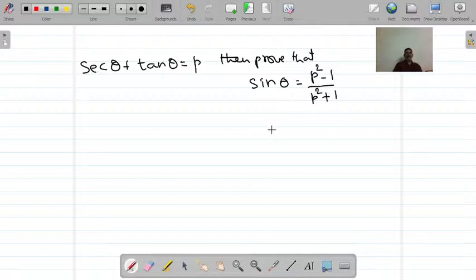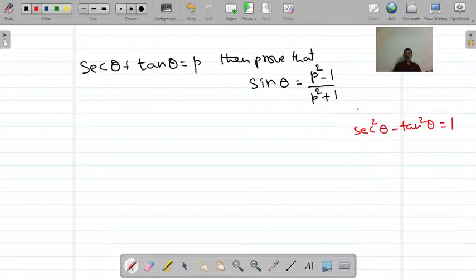Again, the interesting fact is you can solve this problem in different ways. Now I will show you one by one the different ways you can use for solving this problem. First of all, you observe, if we use this identity, what is the identity? It is secant square theta minus tan square theta is equal to 1.